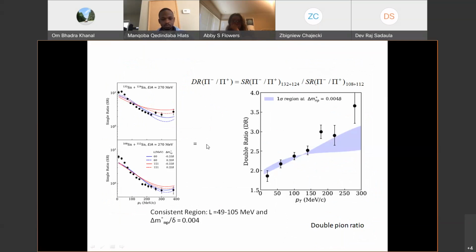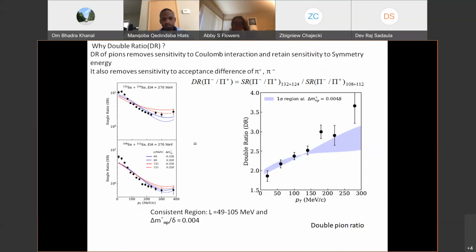Now, after talking about the single ratio, I am jumping to the double ratio here. The double ratio is the ratio of the single ratio in one system to the single ratio in another system. So these two figures are equivalent to this. Why do we need the double ratio? You may think, because when we talked about the single ratio, why do we need a double ratio?